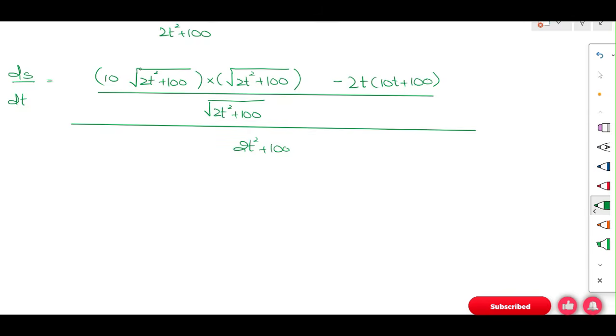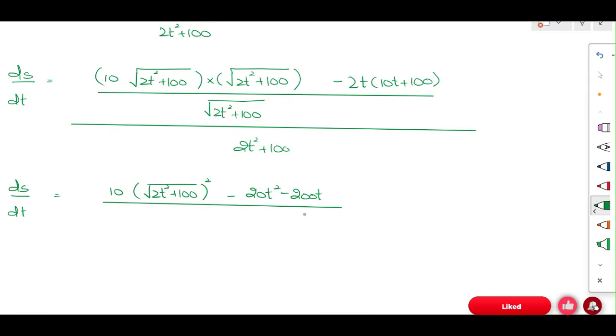Okay, now this thing and this thing is a square, we can take ds over dt. This becomes 100, and the square root of 2t square plus 100 is twice, so take it square, minus 2 times 10 is 20 t square, 2 times 100 is 200t, and this whole thing divide by 2t square plus 100 and root of 2t square plus 100. So basically I multiplied these two.